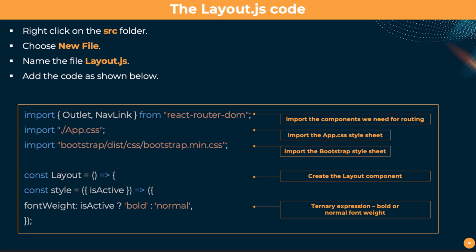We're going to import the app.css, which we have already seen, and we're going to import some CSS from Bootstrap, and we have to install the Bootstrap using npm, and we'll come back on that. So our const layout, so we're simply saying that this layout component is going to have a style, and the style says that if it's active, you get bold, if it's inactive, you get normal.